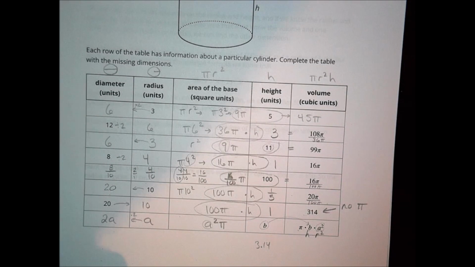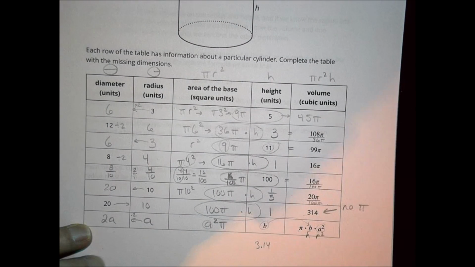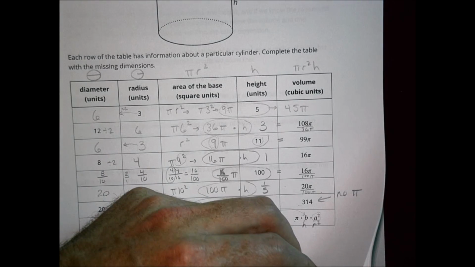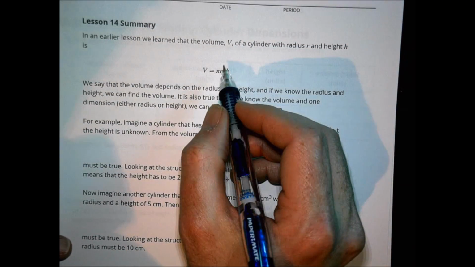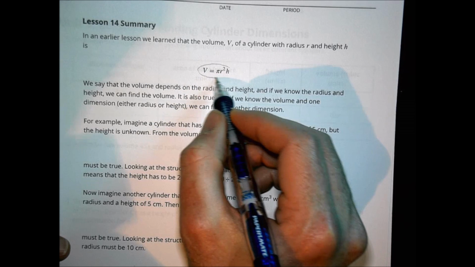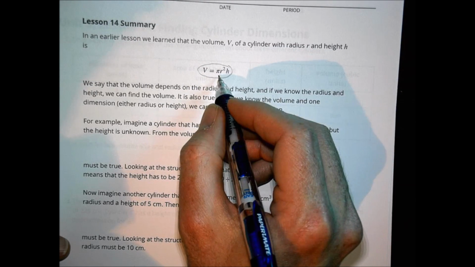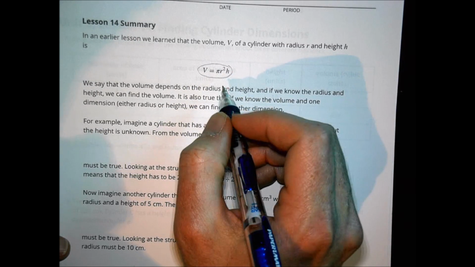And that's the idea. So a little bit cumbersome, just a lot of problems to solve there, but very, very good practice for you. And hopefully you had those right in class. I'm just kind of reviewing them more than anything else. So as our summary today, we have here our formula or equation for the volume of a cylinder. The volume of a cylinder is the radius squared and height times pi.